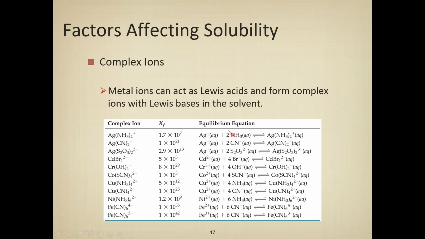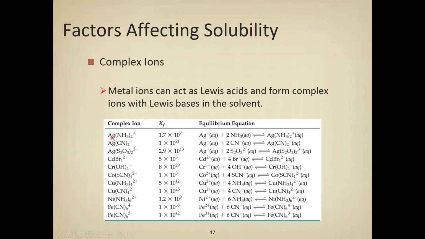So that lone pair is essentially going to attack this silver, and we're going to have those pair up to just give us the complex here. And if we look at the K values, so this is just Kf, formation for the complex, we're going to see that these are all going to be very large numbers, meaning that they're all going to be product favored.